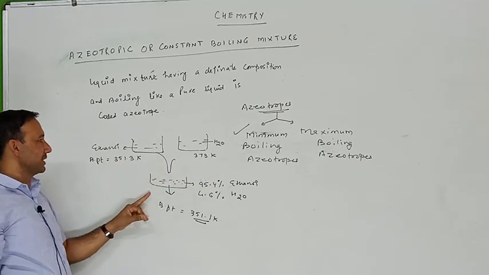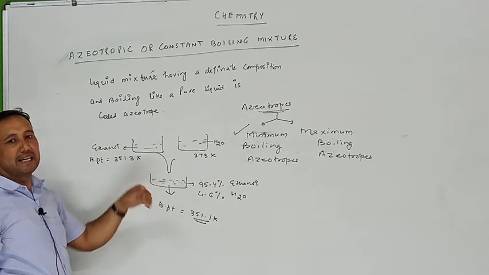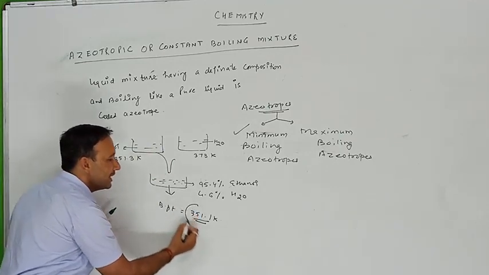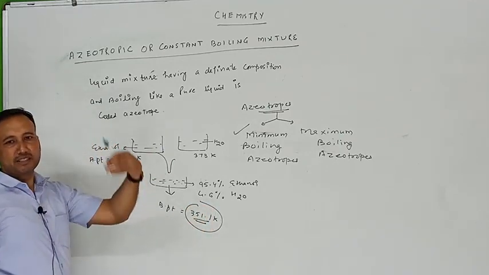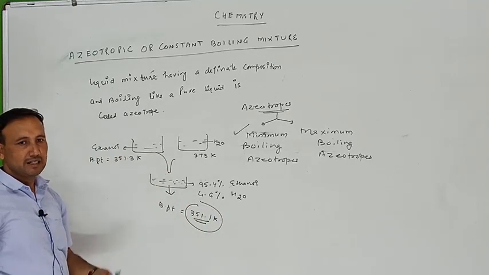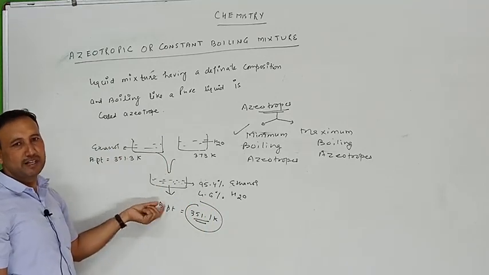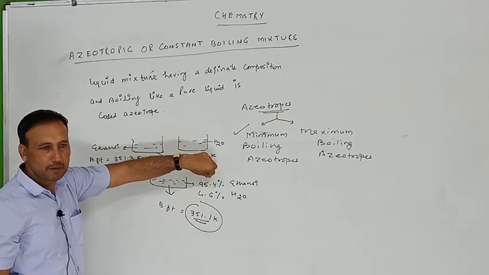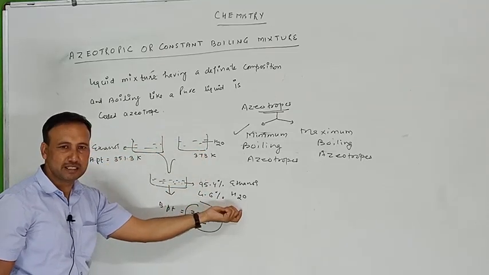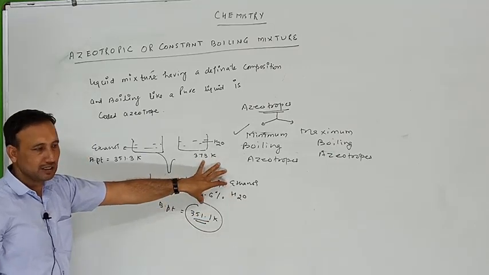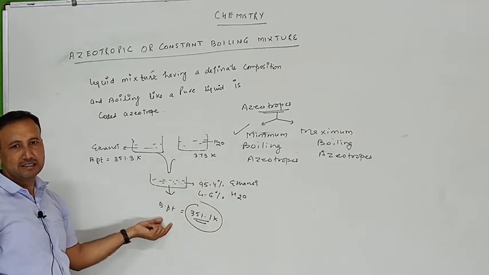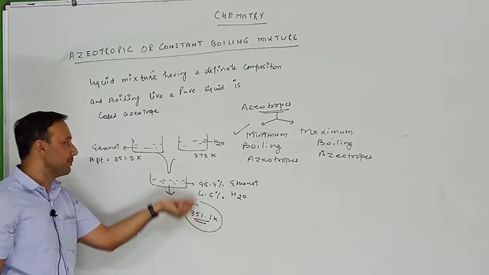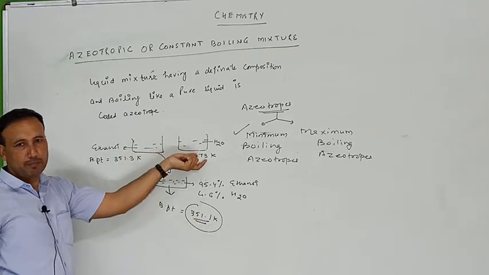This type of liquid mixture will boil at a minimum boiling point, because if the boiling point is low, then the vapor pressure of the liquid mixture will be high. So at this composition of 95.4% ethanol and 4.6% water, this liquid mixture will boil at 351.1 Kelvin, which is lower than the boiling point of these two pure components.